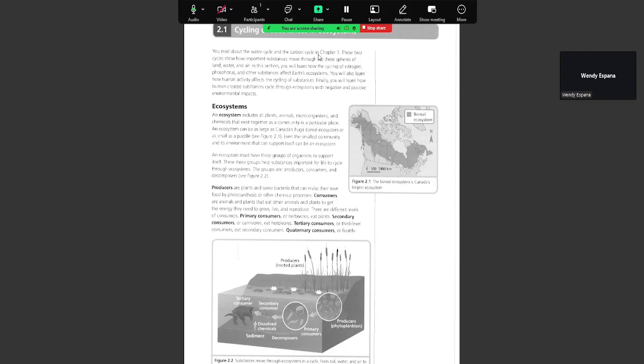It's showing there a picture on page 29, figure 2.1, the boreal ecosystem in Canada, which is, I'd say, the largest ecosystem in Canada, and that's where we are. That's where we're located there in Ontario in the northern part. Some of the southern part of Ontario would be slightly different, but for the most part, northern Ontario is all part of the boreal ecosystem.